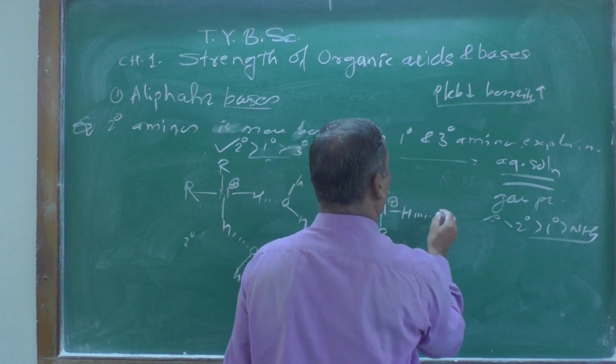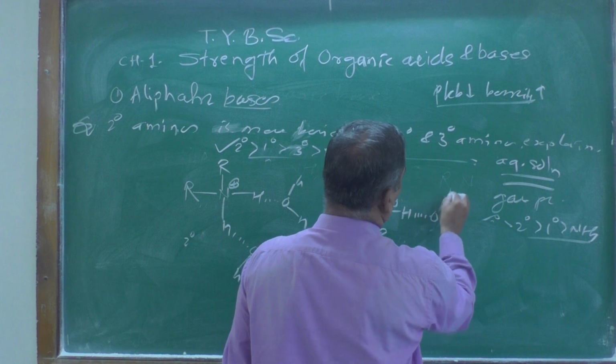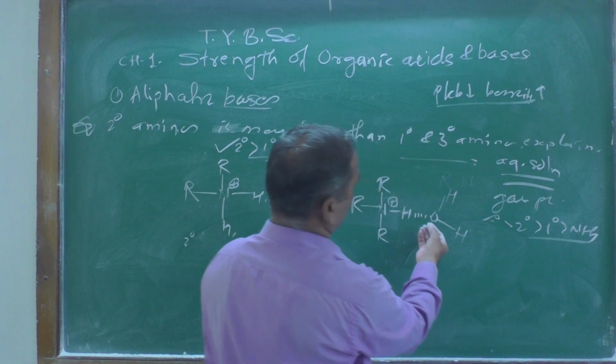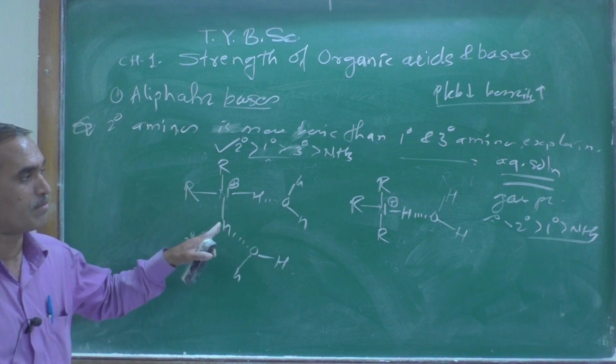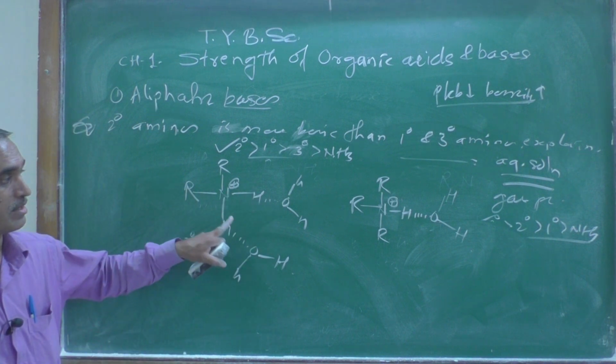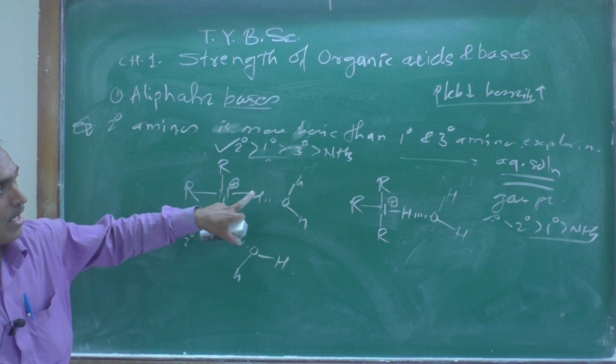That conjugate acid is stabilized through water by hydrogen bonding, that is, stabilized due to solvation via hydrogen bonding.